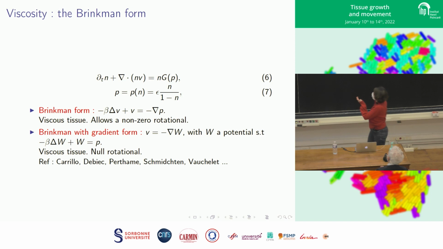So in this case, what is nice with this model is that you indeed have viscosity, but what doesn't work for us is that the rotational will be 0. So that's why we cannot allow this form. And also we need to be in a bounded domain.